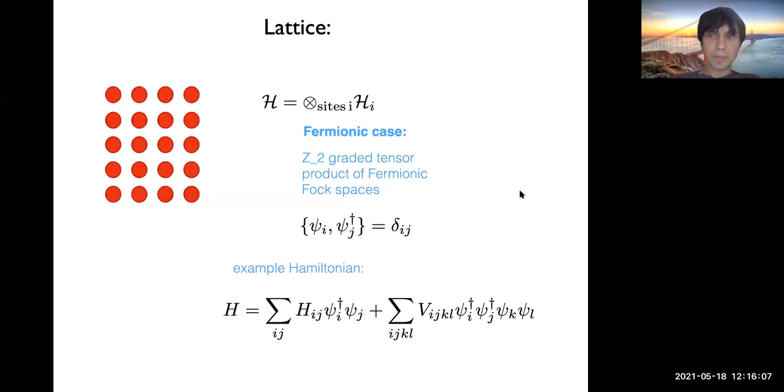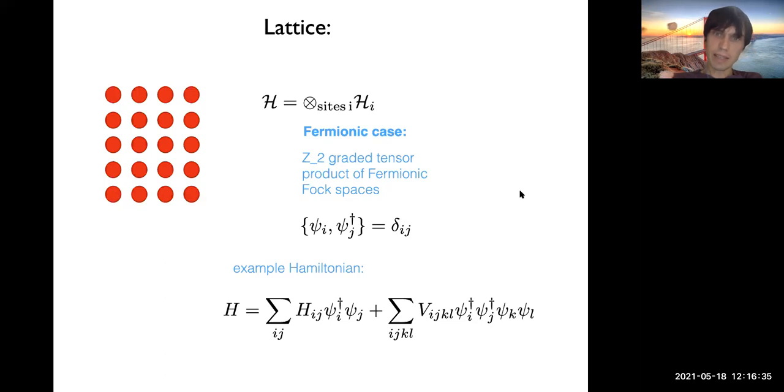The idea is that you model your system by a lattice, and you take a many-body Hilbert space, or Fock space, to be a Z2 graded tensor product of local fermionic Fock spaces. This is the picture you have in the back of your head for studying all these strongly correlated phases. There's a lattice.